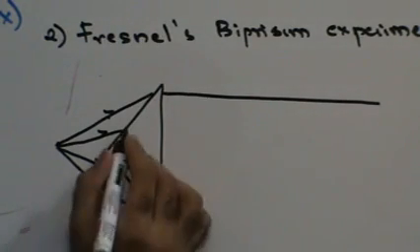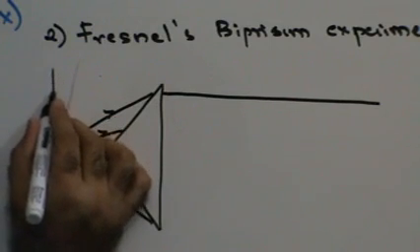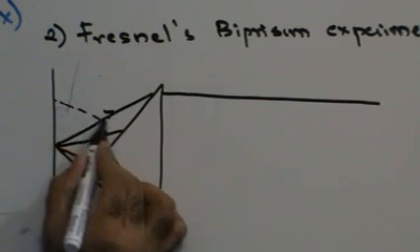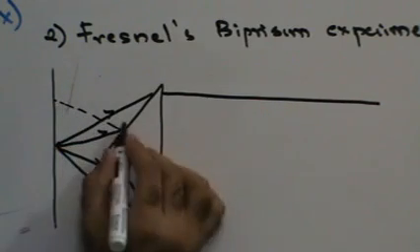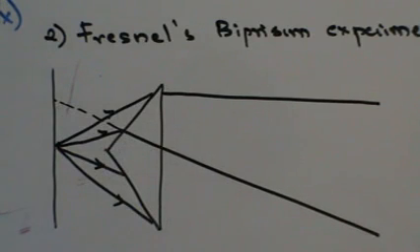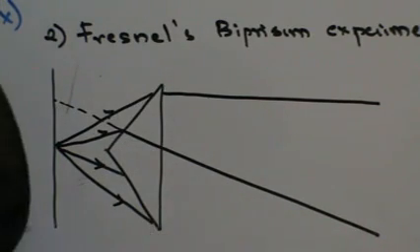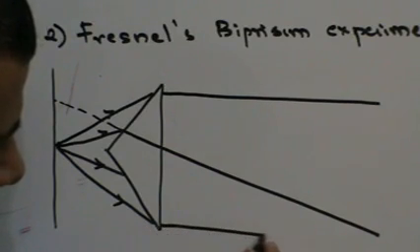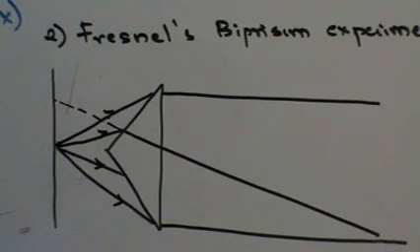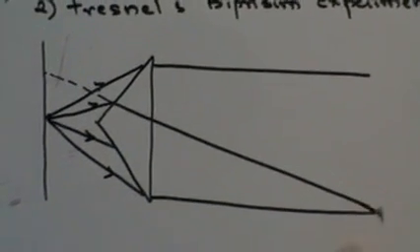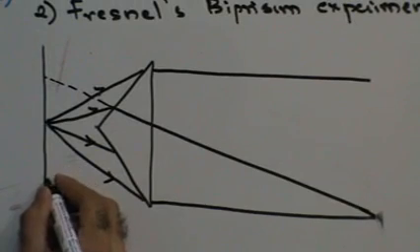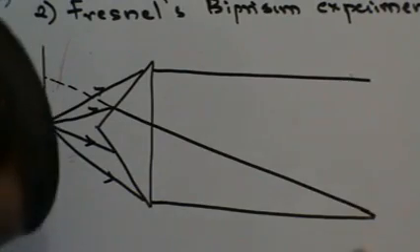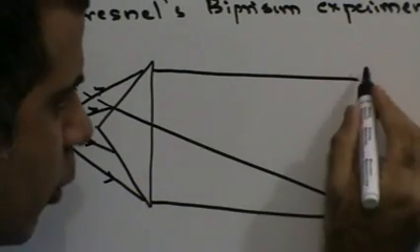These will move as if they are being refracted from here. Similarly, this is going to move straight. They will produce a bright spot on the screen.